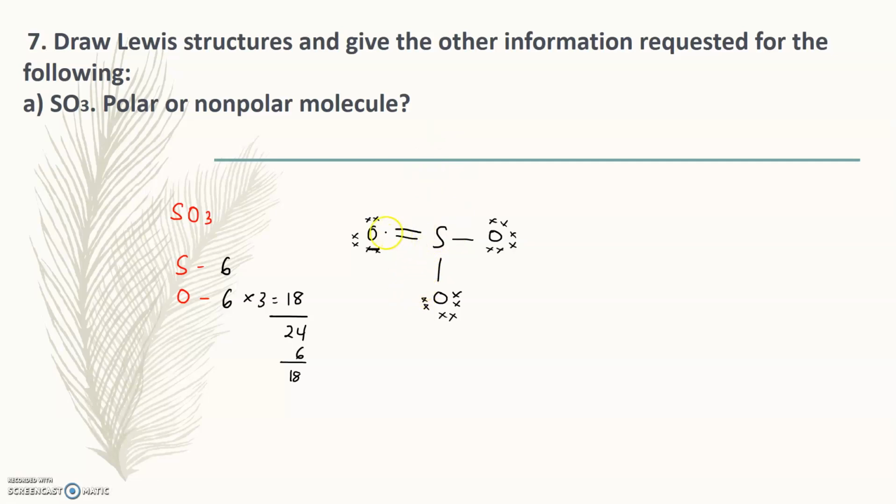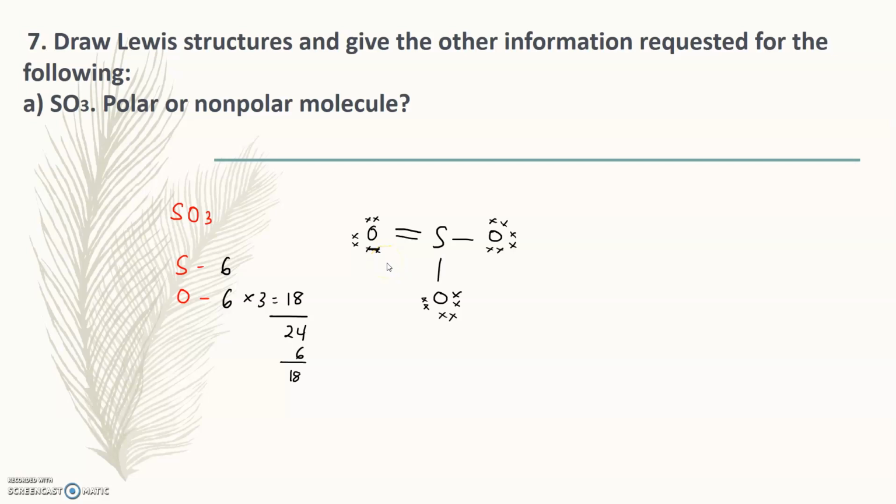Okay, 2, 4, 6, 8. Okay, so actually sulfur can become expanded octet.